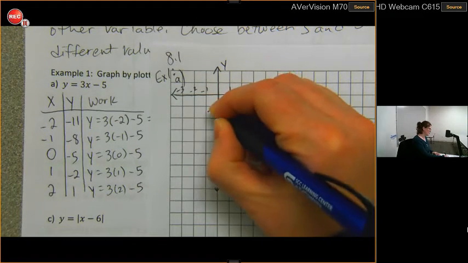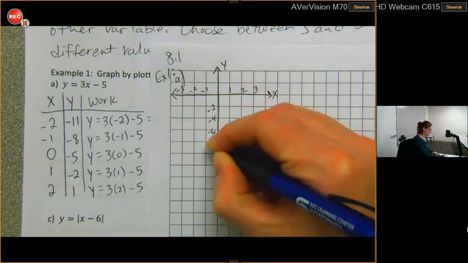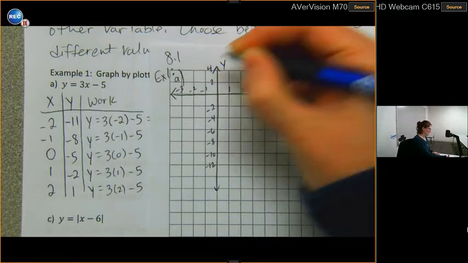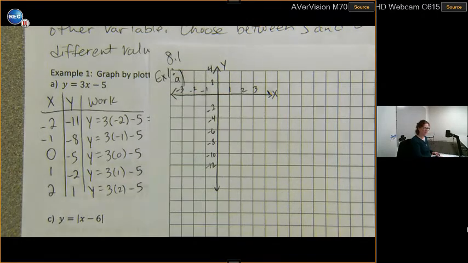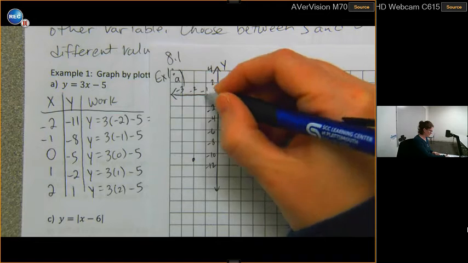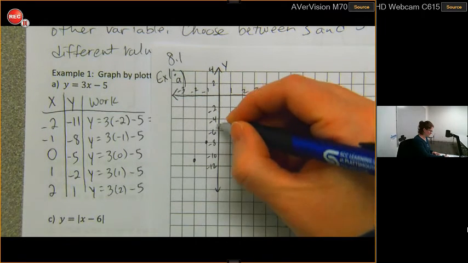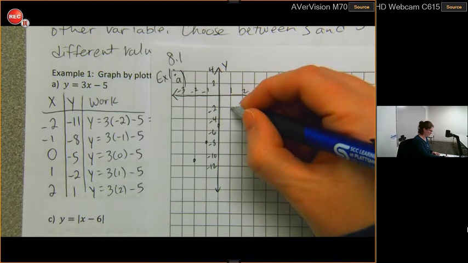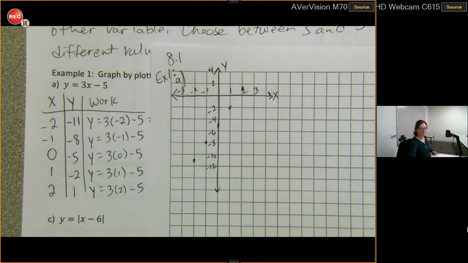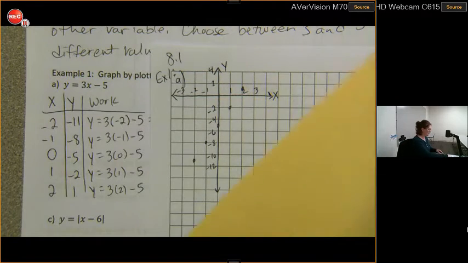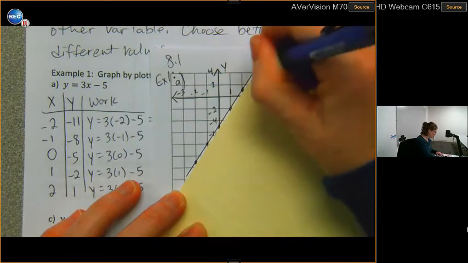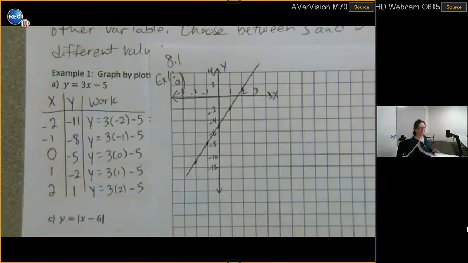So I'm going to count or scale by 2's on the y-axis. I'm going to plot my points. And I notice that they all end up in a line, a straight line. So I'm going to draw the line connecting through those points.